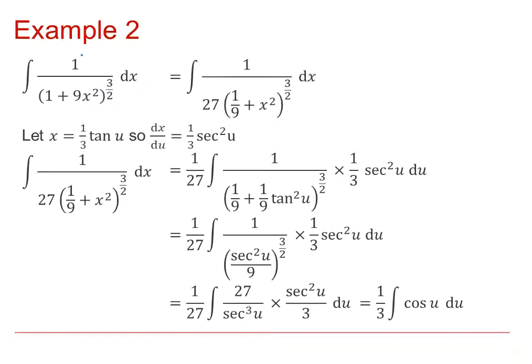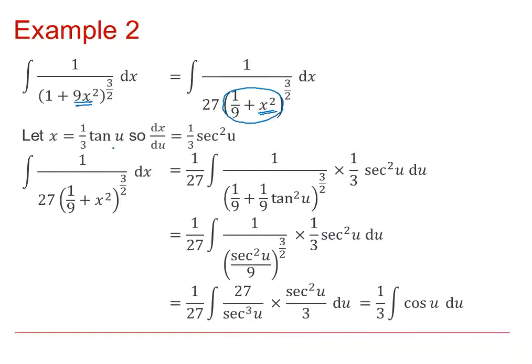So just picking out some of the key steps again here. This 9x squared could cause a bit of a problem, so I've pulled a 9 out of that bracket to leave a ninth plus 1x squared.